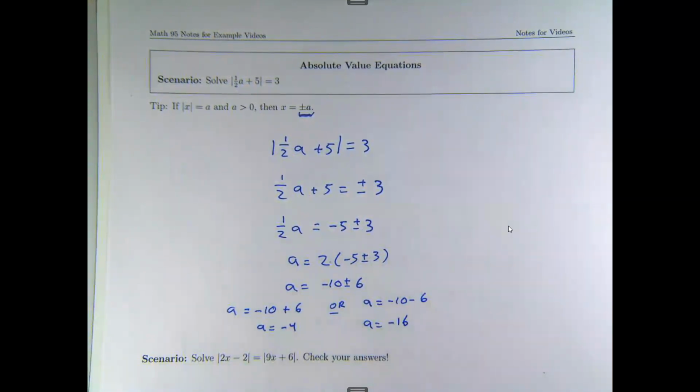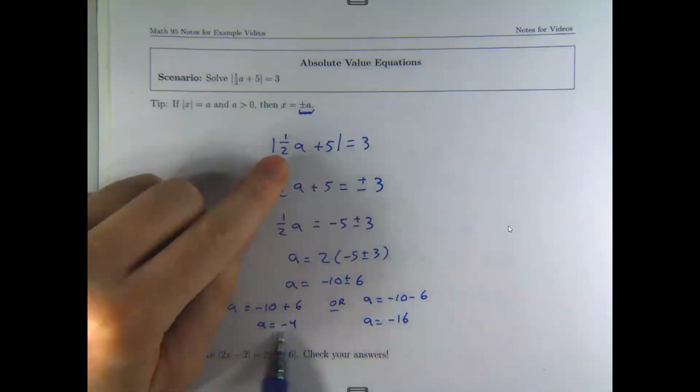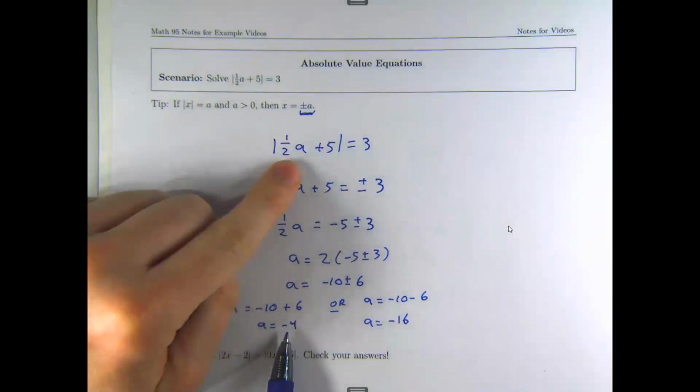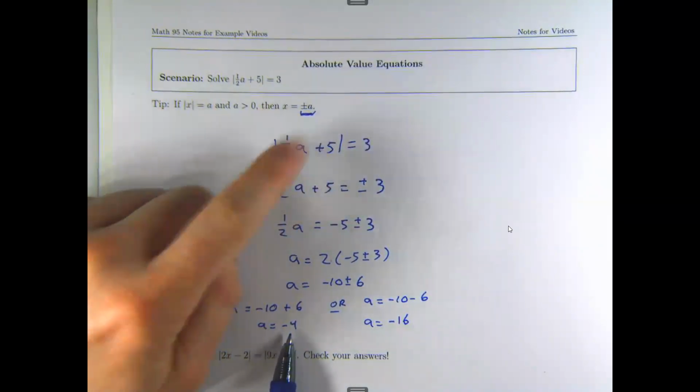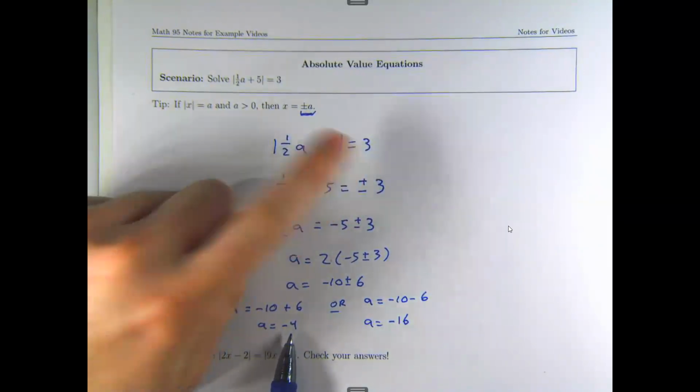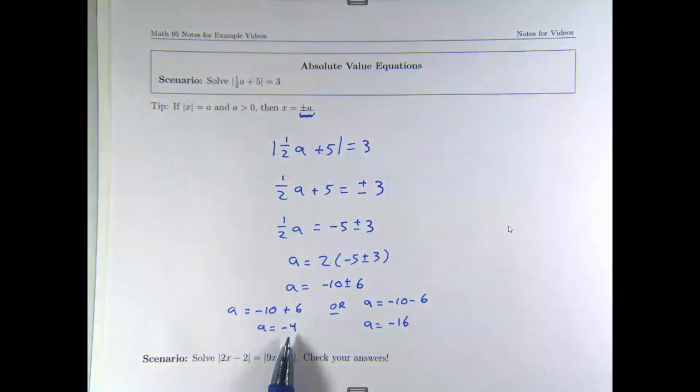Now, it's a good idea to check because sometimes with absolute value equations, something looks like an answer when it actually isn't. So if I plug in -4, half of -4 is -2. -2 plus 5 gives me a +3. And the absolute value of +3 is 3. So -4 works.